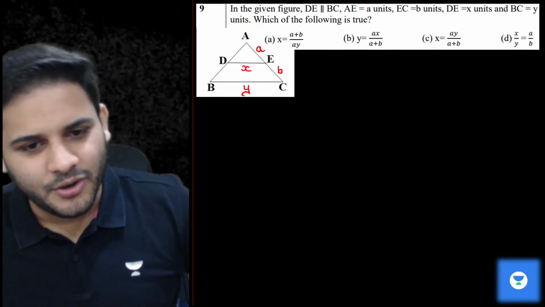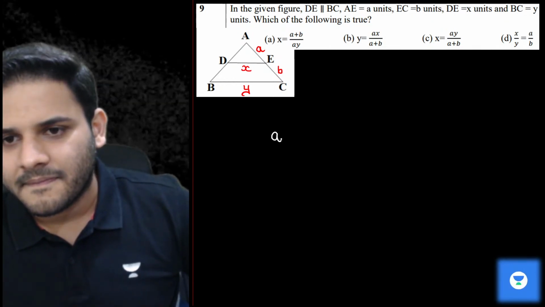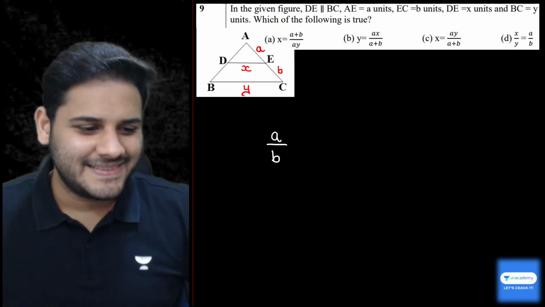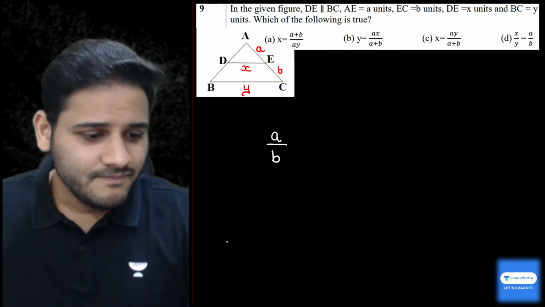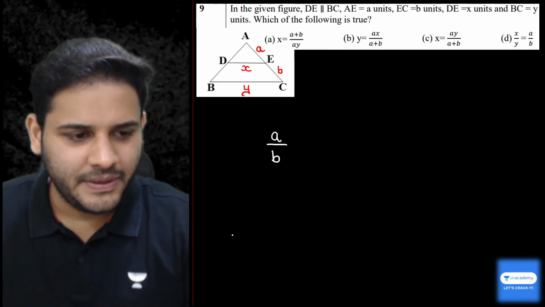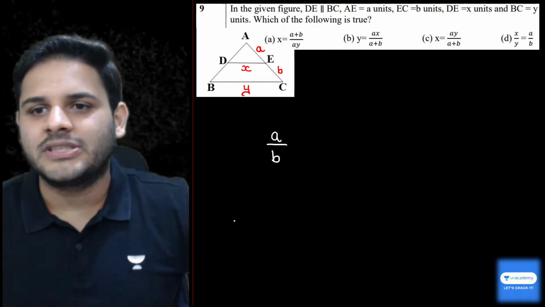A upon B, okay. What else? What else? Yes. But what else? A upon B apart from that, what we'll get here? Correct, by basic proportionality theorem.